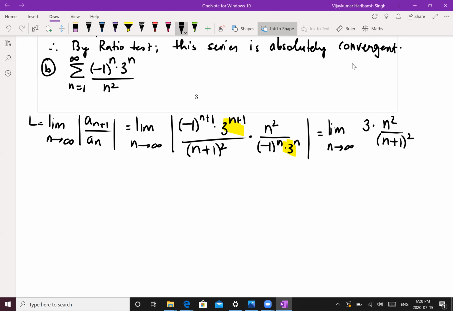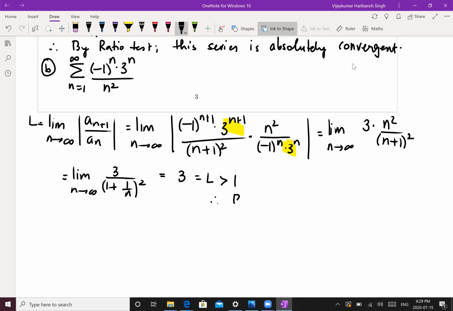That limit, you can divide top and bottom by n square to see that it is going to be 3 times 1 upon (1 plus 1 by n) to the power 2, and that is going to be 3. This is your L, and your L is bigger than 1.